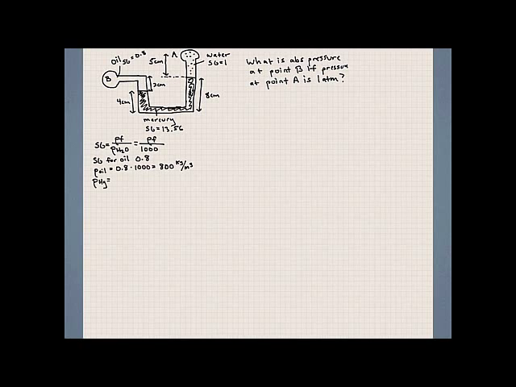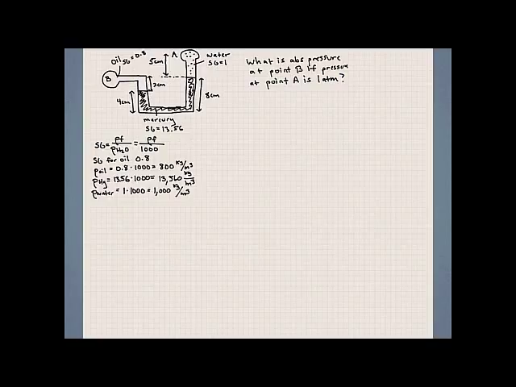The specific gravity of mercury is 13.56, times 1,000 kilograms per meter cubed, and that would give 13,560 kilograms per meter cubed. And finally, water has a specific gravity of 1, so 1 times 1,000 is just 1,000 kilograms per meter cubed.